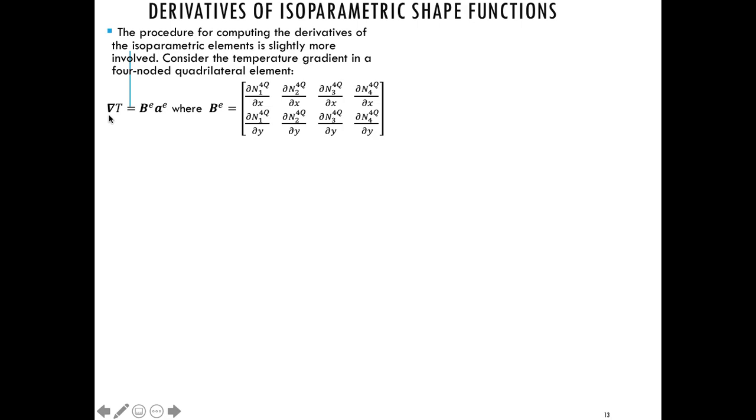If we use our shape functions to interpolate the temperature, then when finding del T, we need the derivatives of our shape functions. This is exactly what our B matrix, capital B^e, used to contain: the derivatives of each of our shape functions with respect to the x and y coordinates.